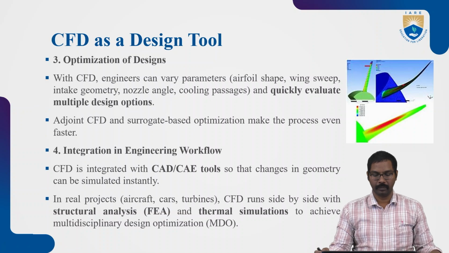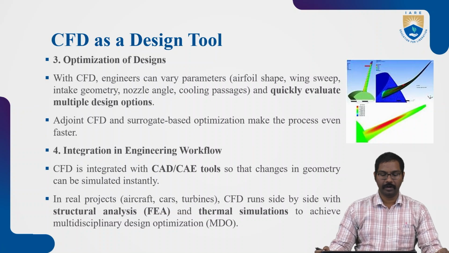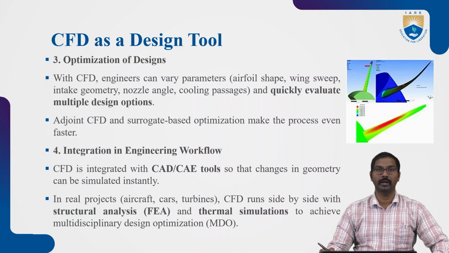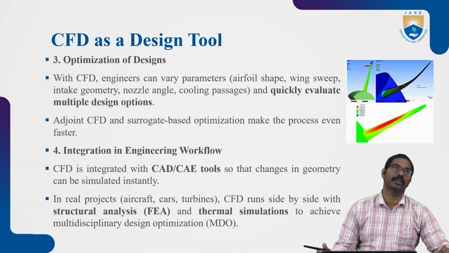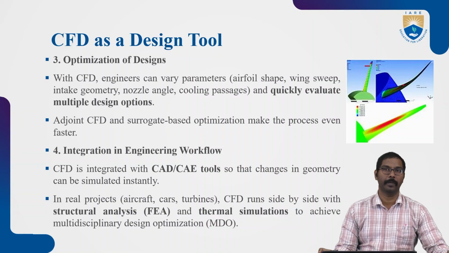So, optimization of the designs. Optimization plays a vital role when you have multiple design parameters. If it is a normal beam, or a normal convergent duct or a pipe, the diameter is going to play a vital role in analyzing the flow parameters.